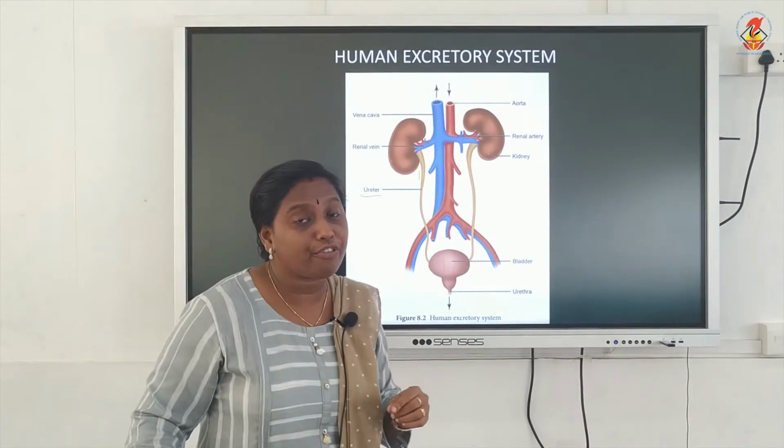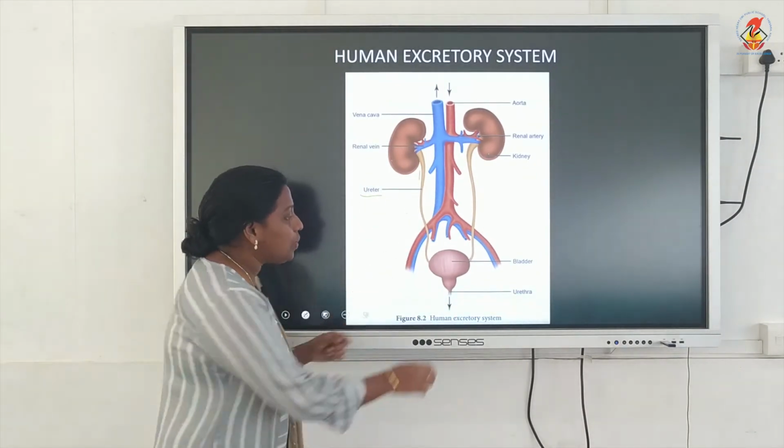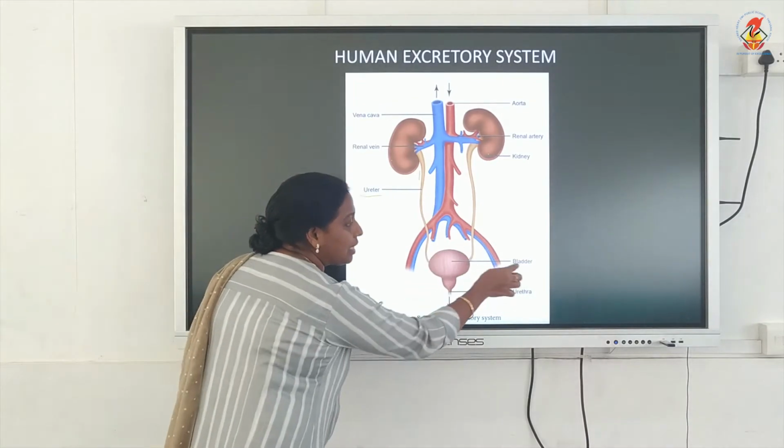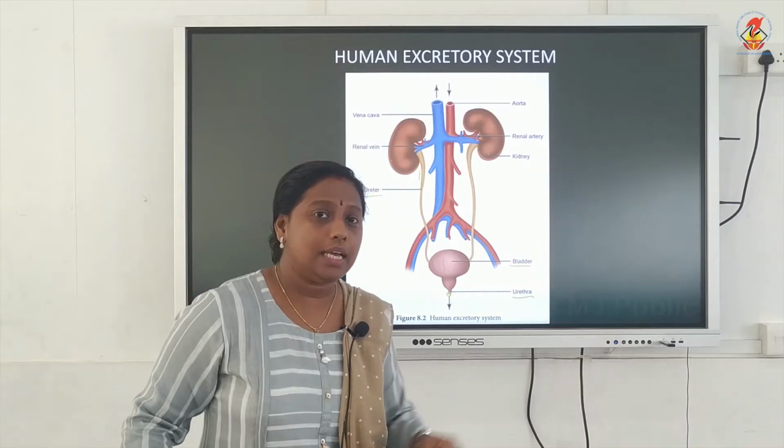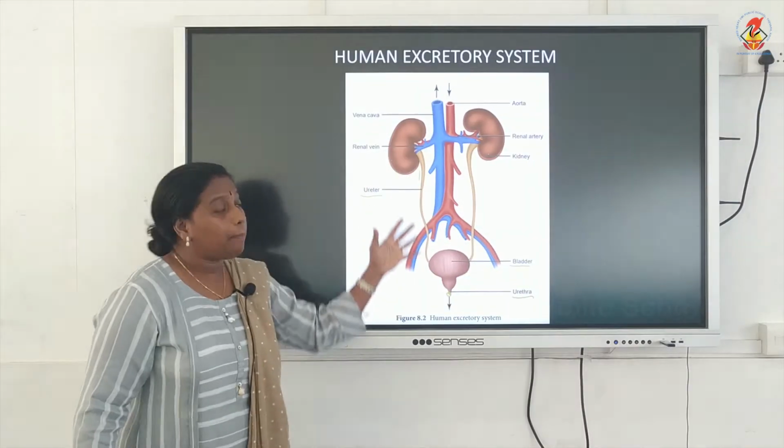So, there is a pair of ureters. The ureters will come and join to a urinary bladder. The urinary bladder opens out through a muscular tube called the urethra, and the urethra opens out through a small opening, a urethral opening. So this is the excretory system.